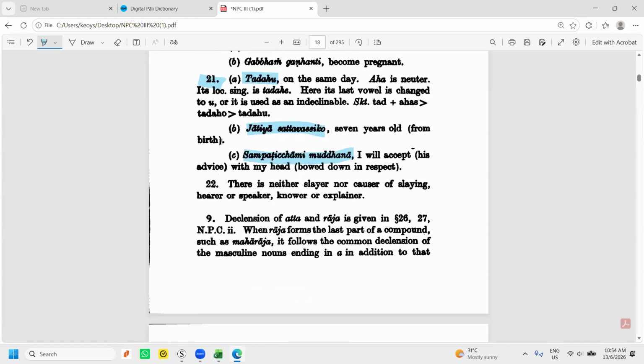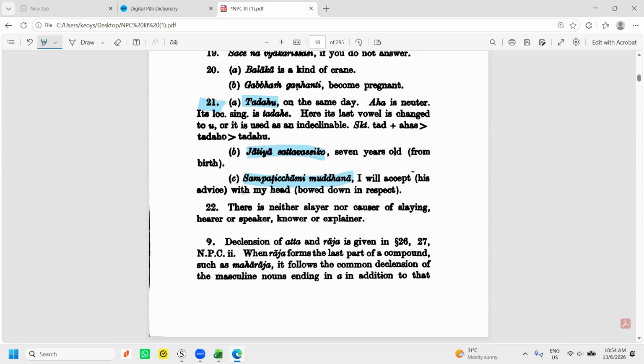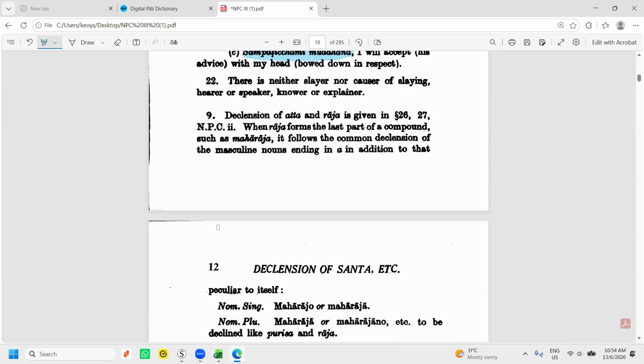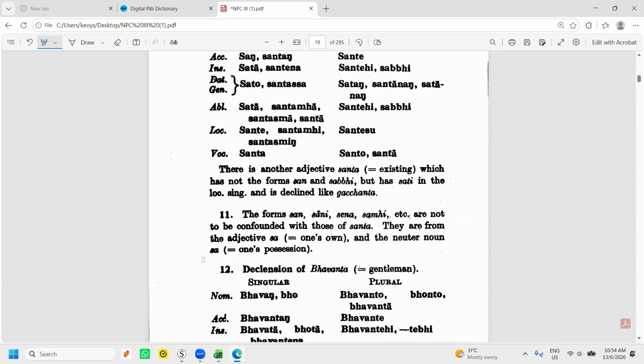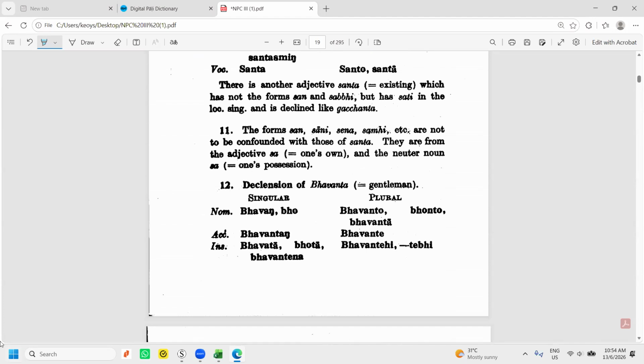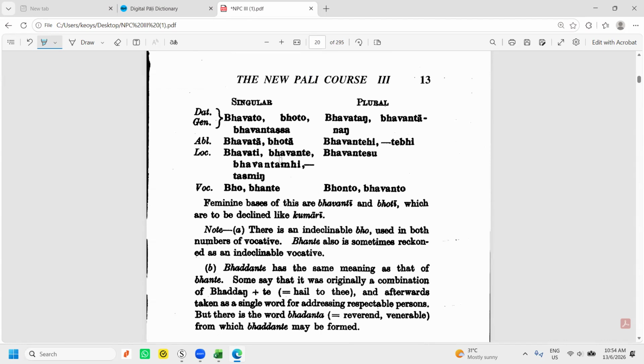After this, before the exercise, group 2, you can see that there will be a declension. Can you see the word Santa here, declension here, Santa. And then after that, there will be a declension of Bawanta. This will be the declension of this. Then, this is the declension.